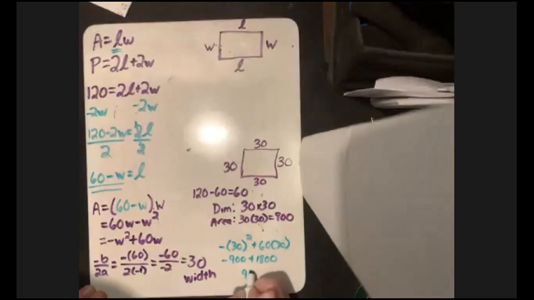Notice, same answer here. Okay, so you've got a couple of different options when it comes to the rectangle problems, or similar style with these. So this is the first couple of types of application problems that we see.